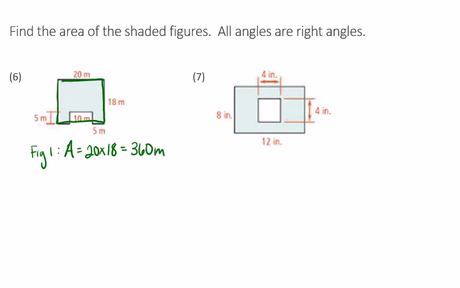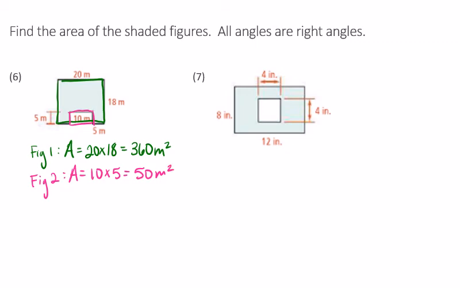All right. Then I'm going to find the area of the rectangle here. Call that figure 2. And so that's going to be base times height. So base is 10, height is 5. So it'll be 50. And by the way, I forgot to square my meters, right? Areas, square units.